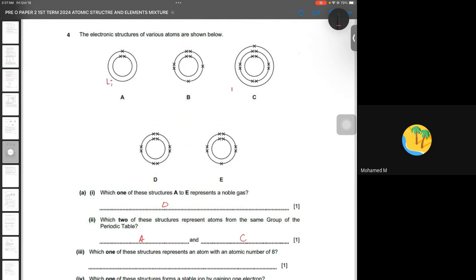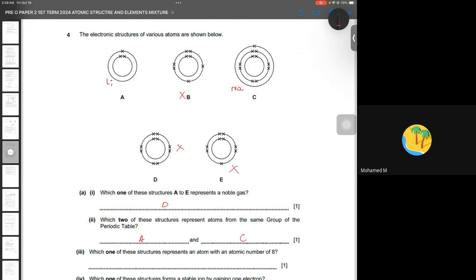This is sodium. Oh, B. I didn't see that. I just looked at the top and the bottom. Lithium's outer shell contains one electron, so this is in group one. And this is sodium, its outer shell also contains one electron, so this is in group one. So that's why they are atoms in the same group.